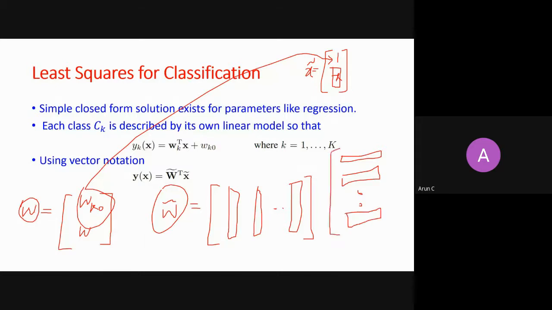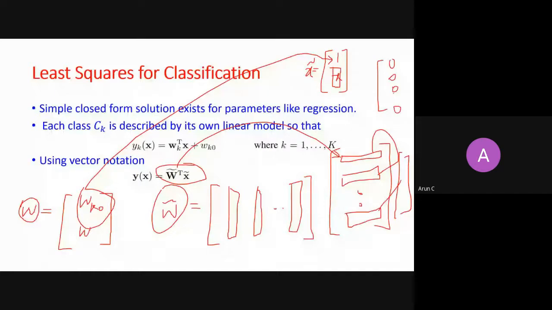Then I multiply by X. So W transpose X, and X is a vertical vector. I take the first row and first column, second row, second column, kth row, and I will get K entries: first row transpose X, second row transpose X, third row transpose X, and kth row transpose X. These are all the entries corresponding to my hyperplanes. Whichever is largest, I will say my X belongs to that particular class.